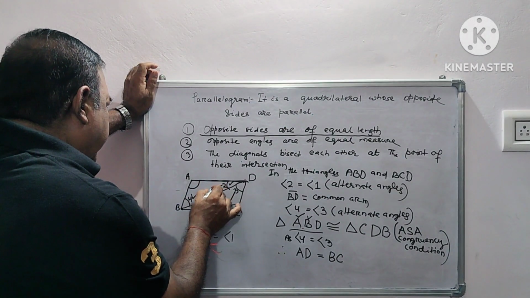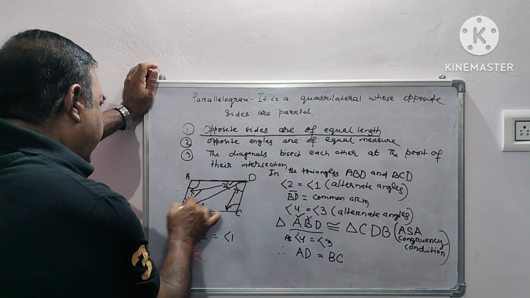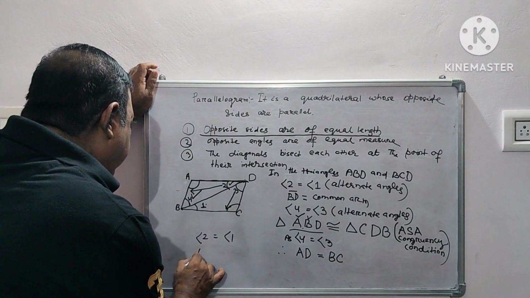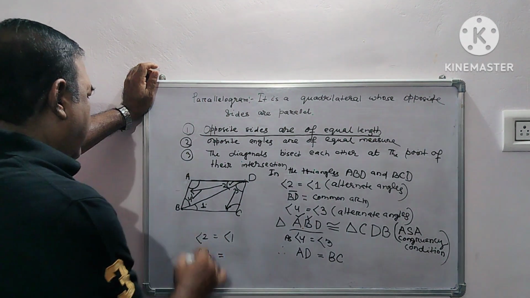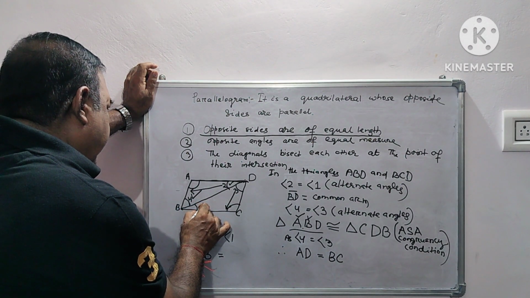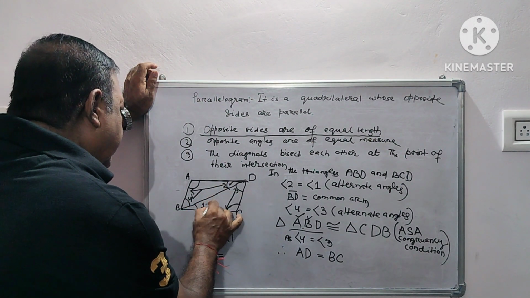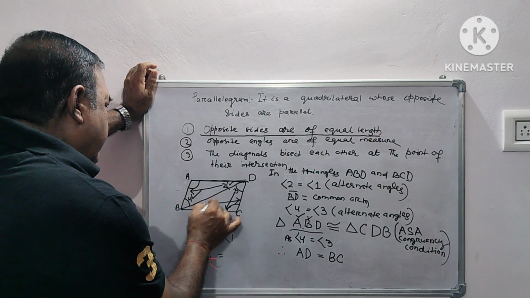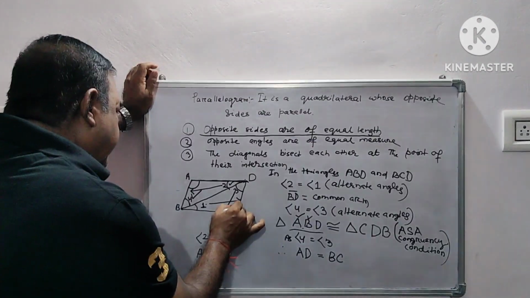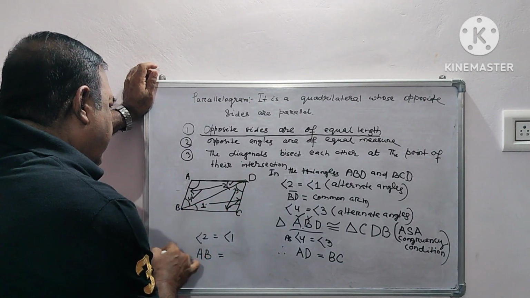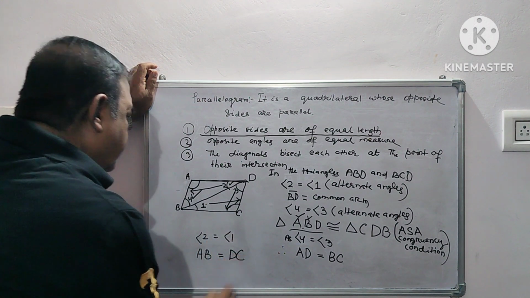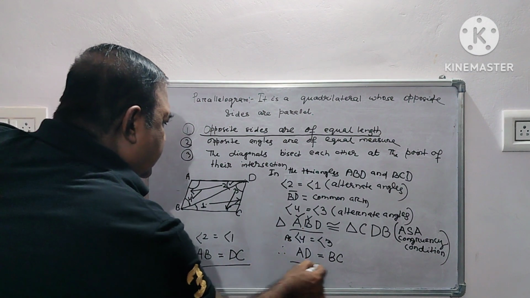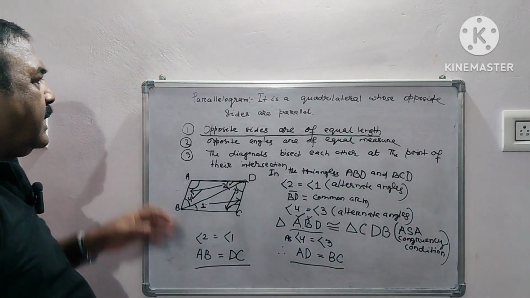So the opposite side of angle 2 in the triangle ABD, that is AB, is equal to the opposite side of angle 1 in BCD triangle. You see, this is the opposite side CD or DC of angle 1. So AB is equal to DC. Here you see, the opposite sides are of equal length.